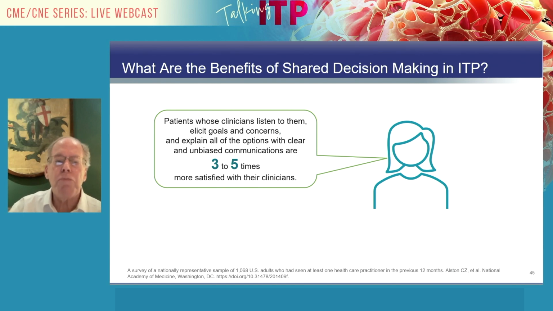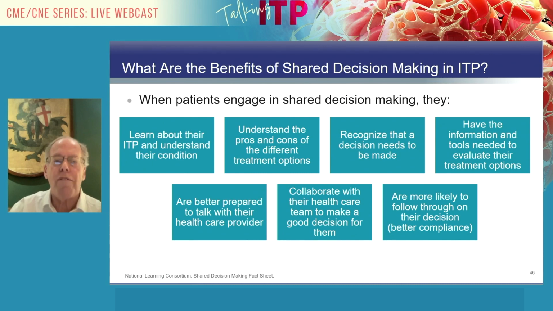And if a patient gets to express their feelings and opinions and then discusses with the clinician what seems to be best, they're 3 to 5 times more likely to be satisfied with them and to comply with whatever program they've agreed on.